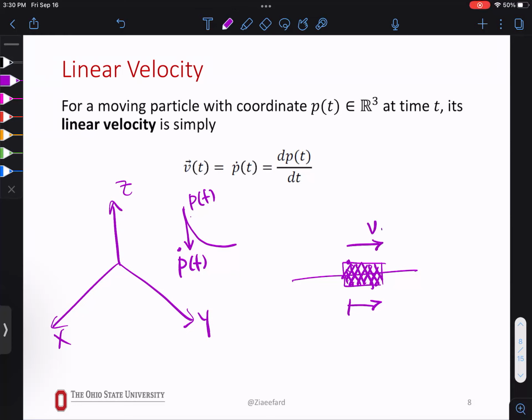Wherever that is, we also call it P dot of T. If you put a reference frame on the center of that joint, and then you're moving it, then that's the direction of the velocity as well, right? For a prismatic joint, what kind of velocities could we have? Only linear, right? It's just a slide along your principal axis.